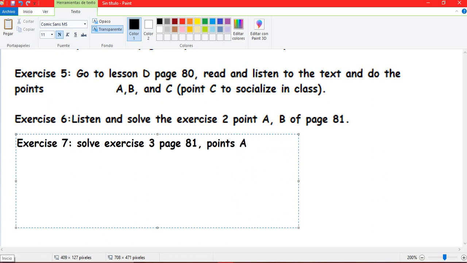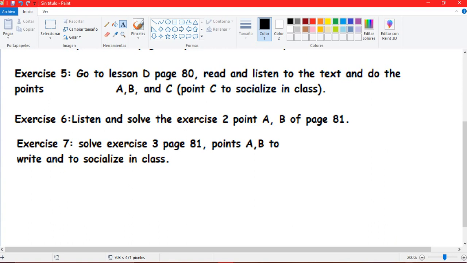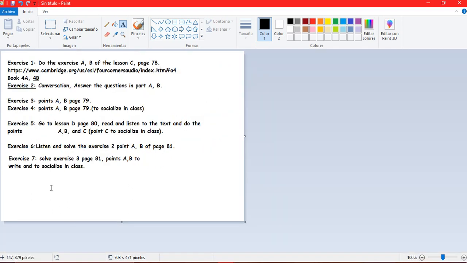Points A and B. Okay, to write and to socialize in class. Okay, people, so you have now the 7 exercises that you're going to meet. Remember, all the exercises will be delivered by email or by the Cambridge platform, except the exercises that are socialized, because we're going to have this revision in class.